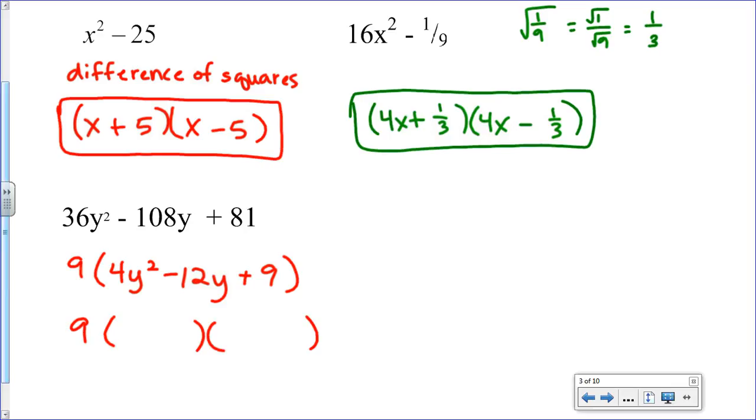So it's a trinomial. I'm going to try to factor it into two parentheses. What should I try for my first two spots? 2 and 2. Let's try 2y and 2y. Okay, what should I try for the last two spots?